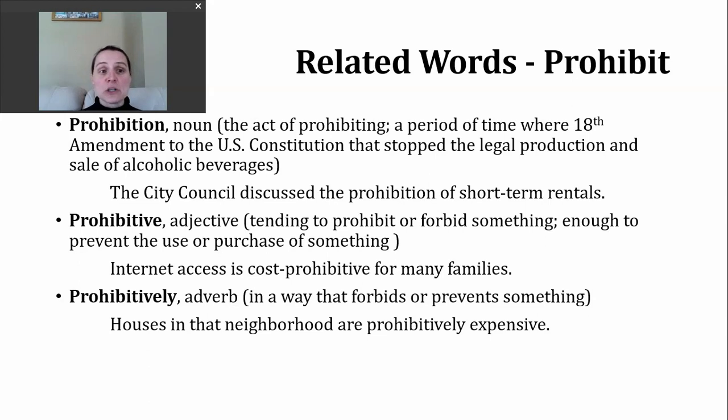And that's how it's going to be used in this example sentence. Houses in that neighborhood are prohibitively expensive. Expensive is our adjective. The adverb is describing it. And it's really just another way to say, I definitely cannot buy a house in that neighborhood. Everything is way too expensive.